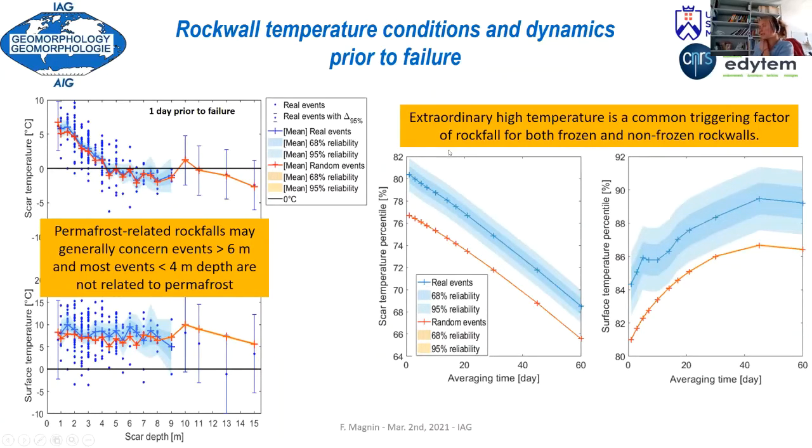So what we can say from those results is that extraordinarily high temperature is a common triggering factor for both frozen, deeper rockfalls and non-frozen rockfalls, those that occur at shallower depth. They all occurred under extraordinarily high temperature at the surface and at the depth of failure.